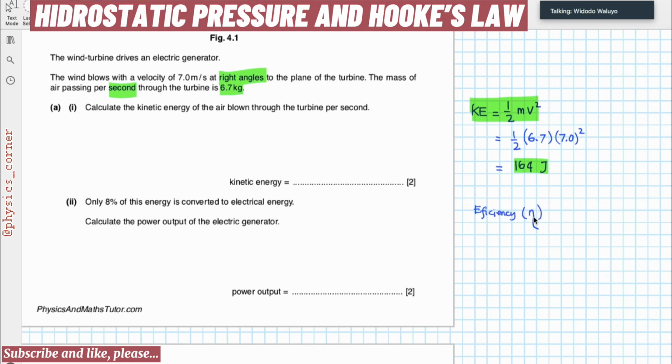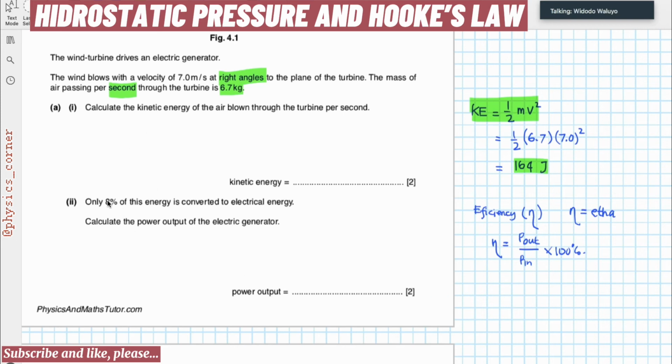The symbol is eta, ya. Efficiency is power output divided by power input times 100%.